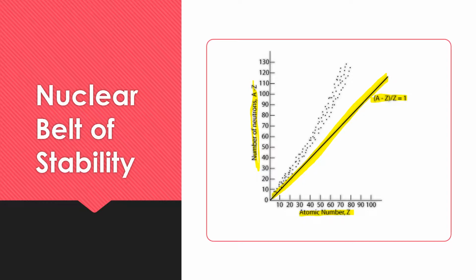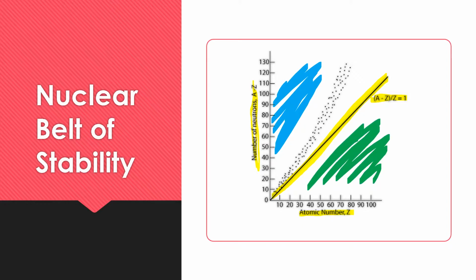So if we have nuclei above the belt of stability, somewhere over in this region, it's going to have a high neutron to proton ratio, and it will usually emit beta particles, which means it will lose one neutron and gain one proton. And if we have nuclei below the belt of stability over here, we'll have low neutron to proton ratios, and they will emit positrons or capture electrons, which will give the isotope one more neutron and one less proton.